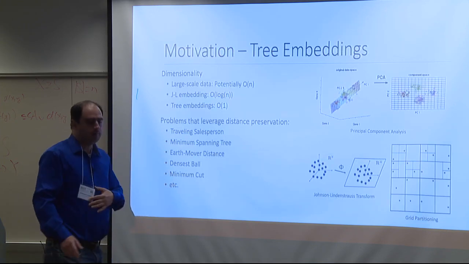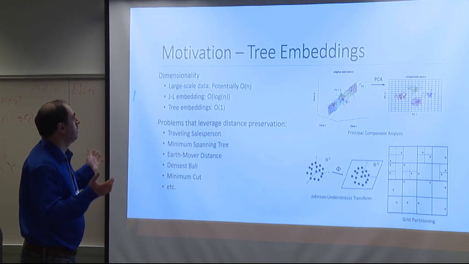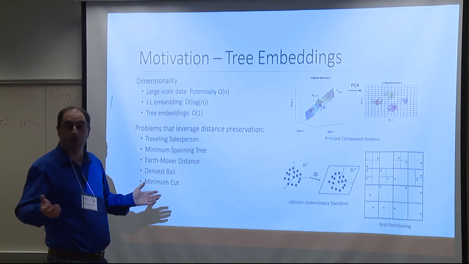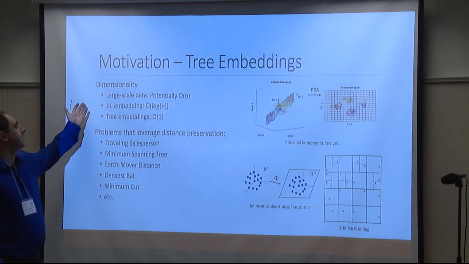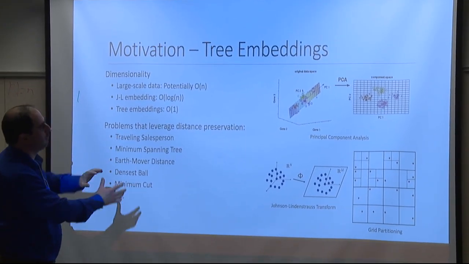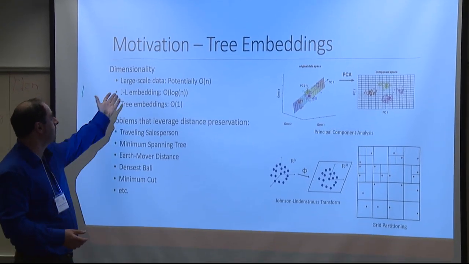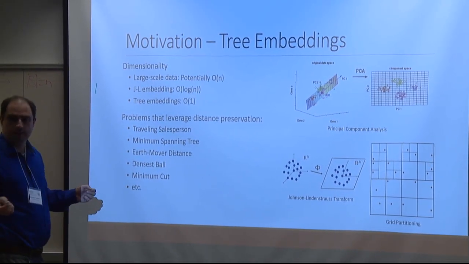Okay, so we want to do tree embedding. Why? Because we can solve lots of problems on trees by dynamic programming. Generally, we have a different algorithm for different applications. Generally, we have large-scale data, potentially in d dimensions, where n is the number of points.